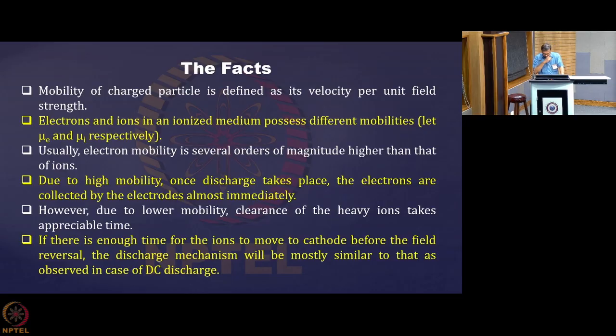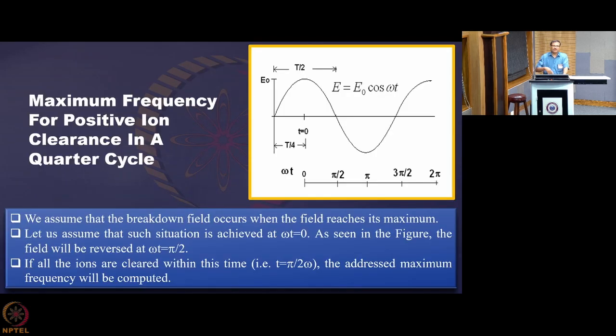So that is how, and in what way it affects your discharge mechanism, we will understand in this AC breakdown class, and we will try to formulate those things mathematically, and we will proceed like this.